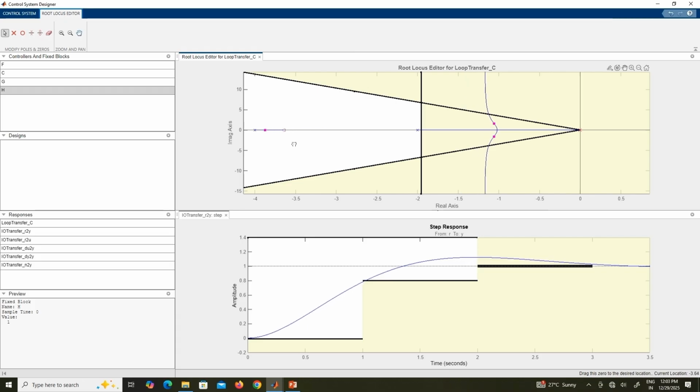You see, when I change the position of the zero, I am changing the root locus also. Now where should I go? I want that the root locus should pass through these points. So I would like my zero to go in this direction, so that the root locus passes through that point. Now when will the root locus pass through that point? You can see that the root locus is passing through that point if I bring it very near to -2.